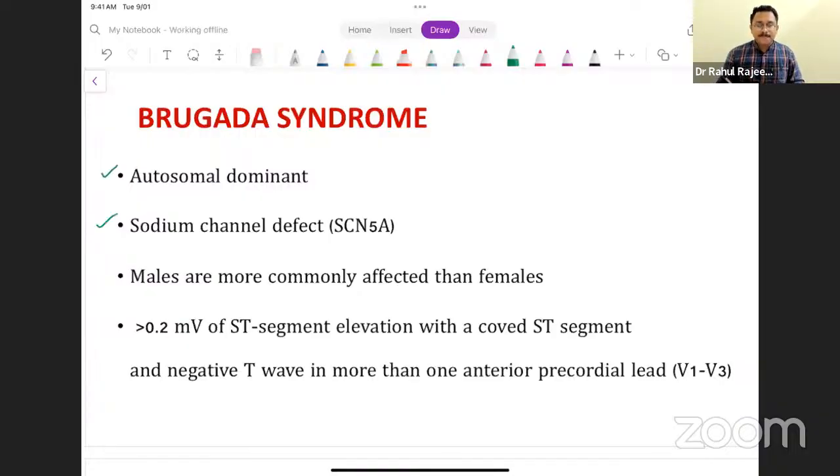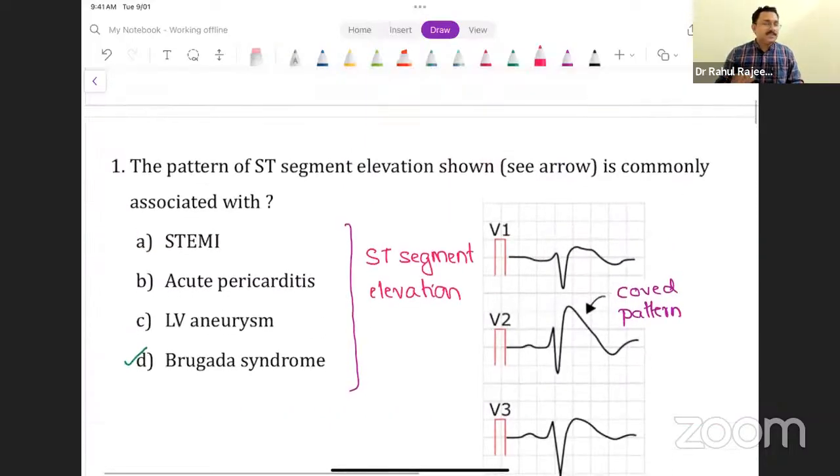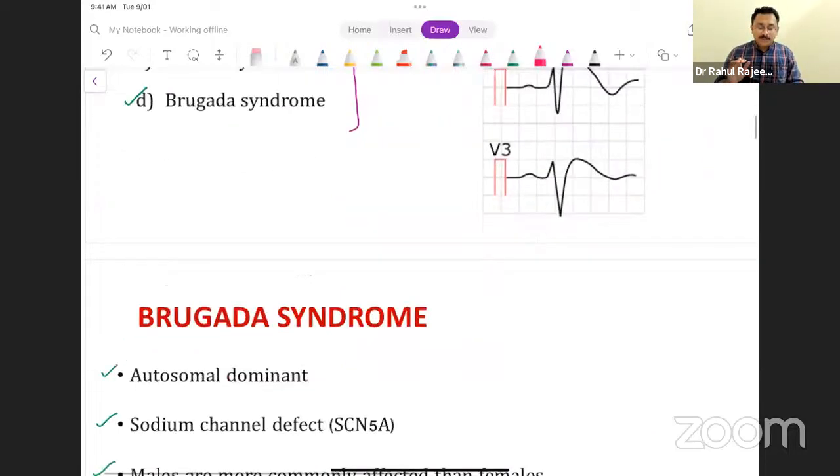Sodium channel defect. Males are more commonly involved. You get ST segment elevation with coved pattern, and you will also have negative T waves, especially in the precordial leads V1 to V3. That is Brugada syndrome, and that is the answer here. For question number one, the answer is option D. But Brugada is very important.